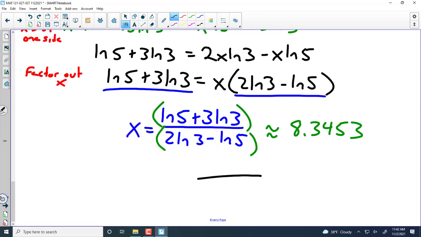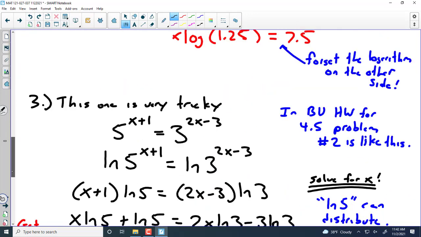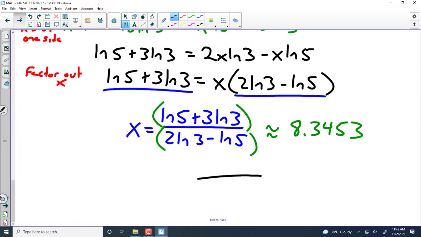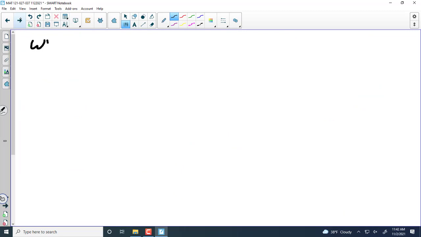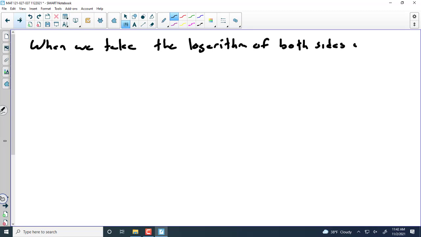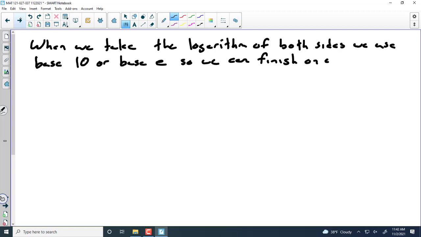All right, let's leave that one alone. Let's not do another one of those today, because they're hard. And I'll just remind you of this. When we take the logarithm of both sides, we use base 10 or base e, so we can finish on our calculator.